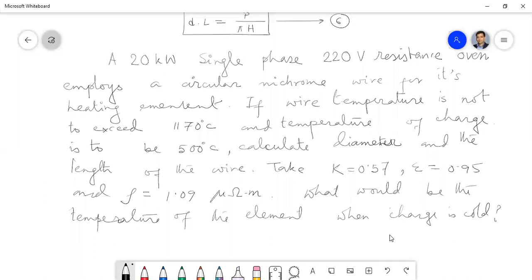Here charge is not the heating element. The heating element is different. From the heating element, the charge will get the heat. The charge is the object to be heated.